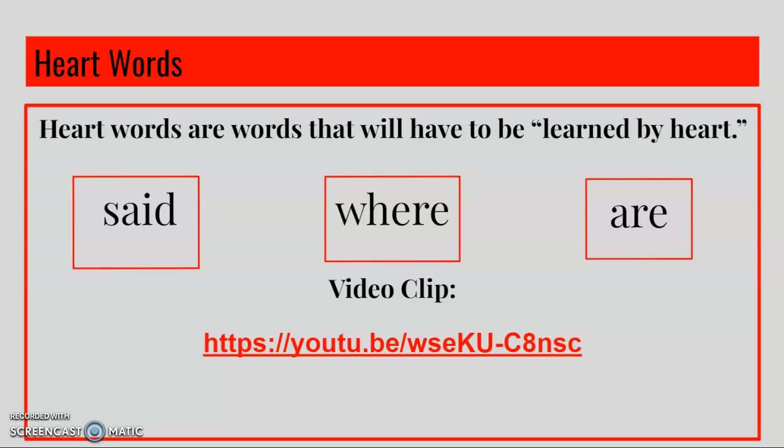Step 4, draw the children's attention to the regular sounding parts of the word, so maybe the first sound in the word is heard. Invite the children to explore the last sound that they hear in the word. Step 6, this is where the heart comes in: the letters that the children need to remember by heart are highlighted with a heart.